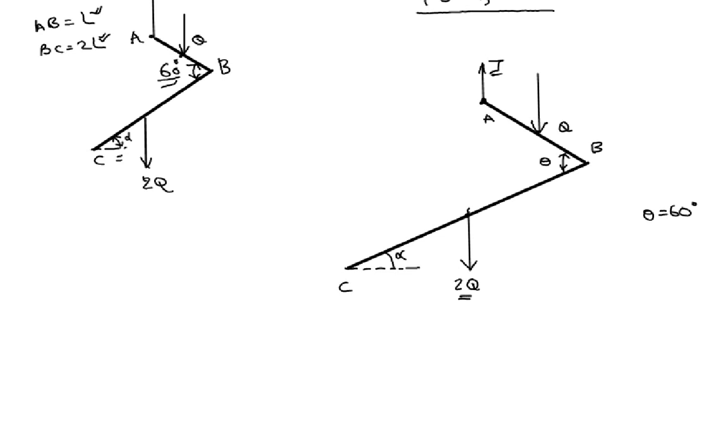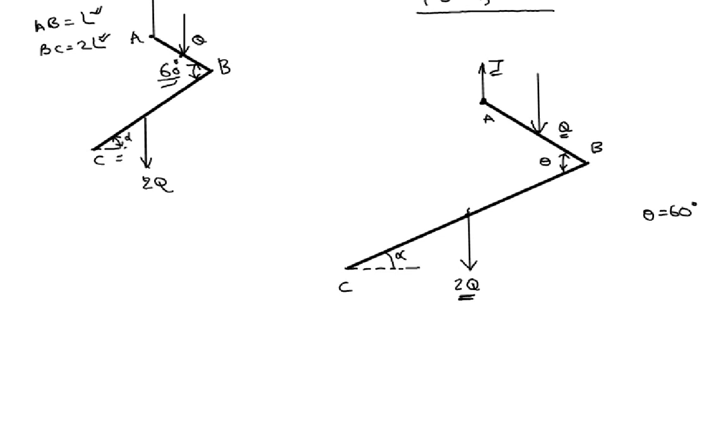Because this Q and 2Q are keeping the body in equilibrium, they need to lie on either side of point A. If one causes an anti-clockwise moment, for example 2Q here causes an anti-clockwise moment, Q must cause a clockwise moment to keep these two bars AB and BC in equilibrium.